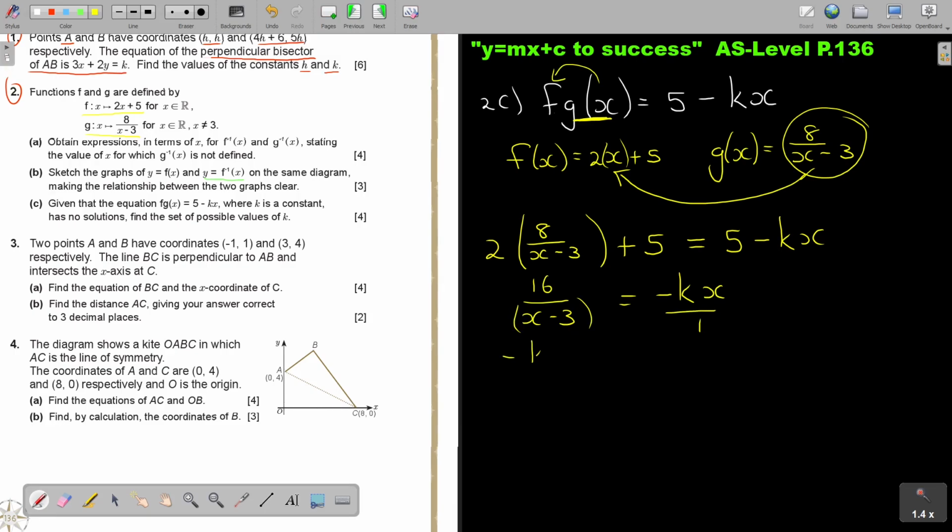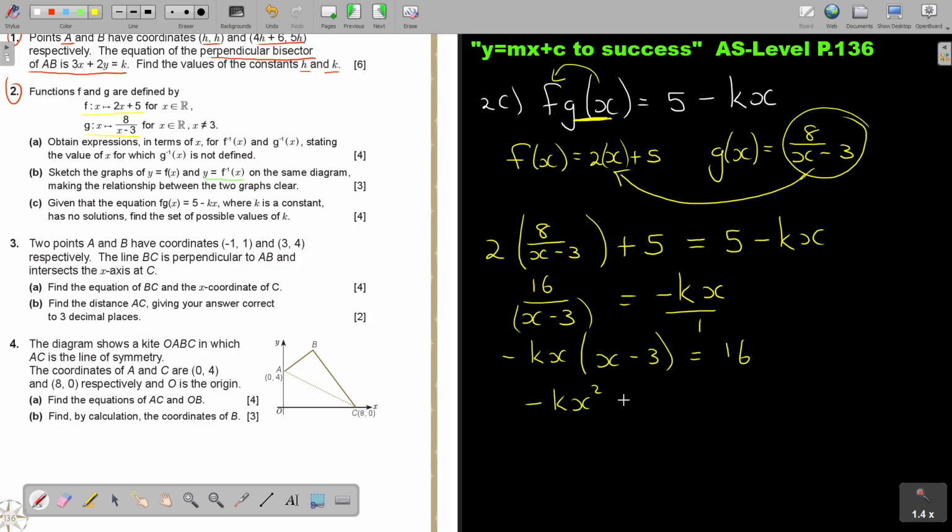So negative kx times x minus 3 equals 16. If I multiply, I get negative kx squared plus 3kx equals 16. Taking it over to the other side, I have kx squared minus 3kx plus 16.